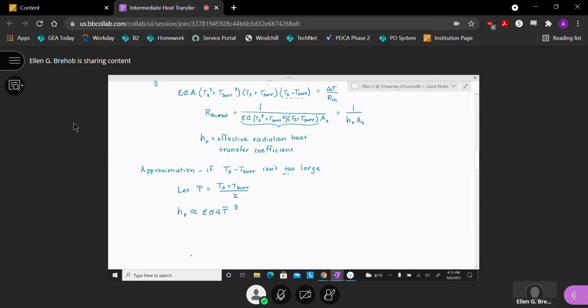Okay. And this estimate just involves an average of the surface and surroundings.